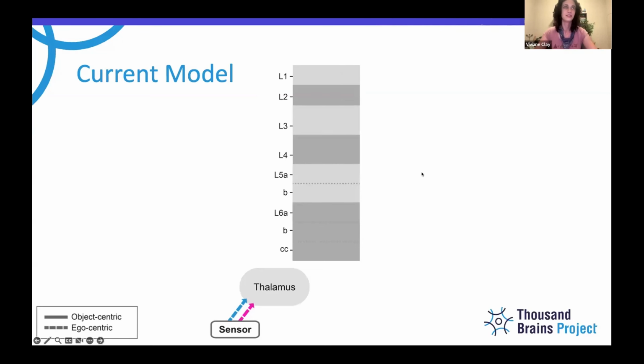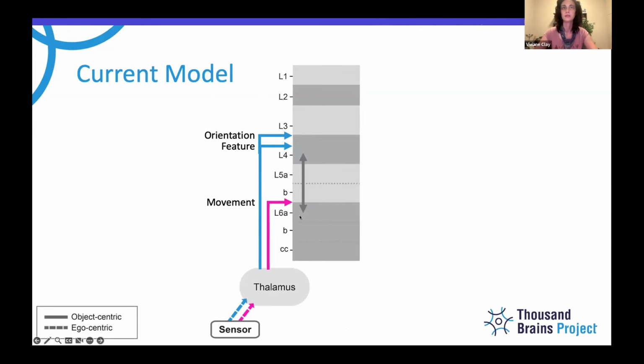So very quickly, here's our current model. We have movement and feature input from the sensor going through the thalamus. Movement input goes in here, or layer 6. The feature input goes into layer 4. And then we talked before that perhaps orientation input goes at the border and activates the mini columns, and then features might cause very specific activations within the mini columns.